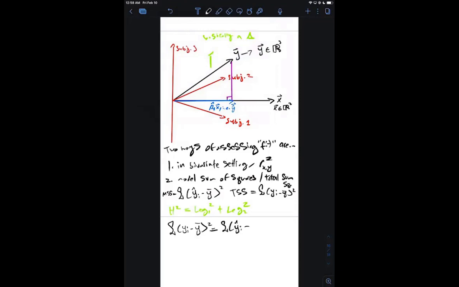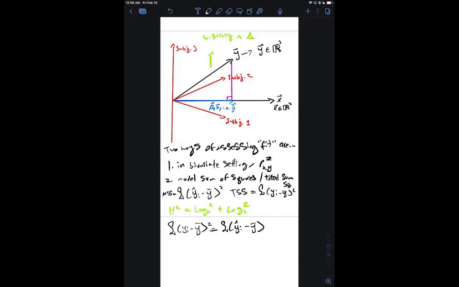And then note that because our prediction vector is just a scaled version of x, that means it's also got mean 0. So this prediction vector is also a sum of squares about the mean, because technically the mean here is also 0.